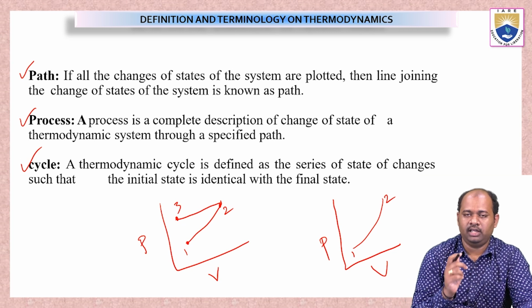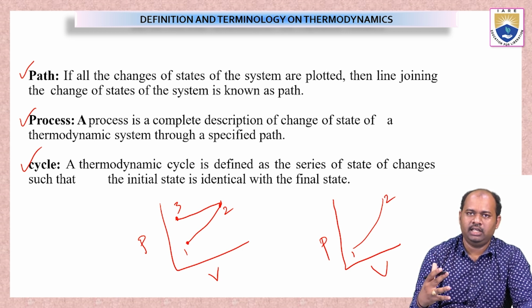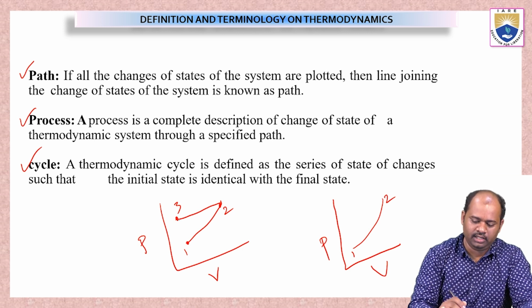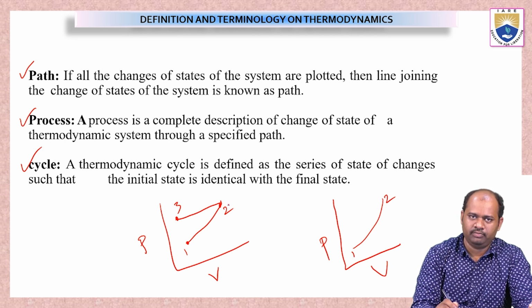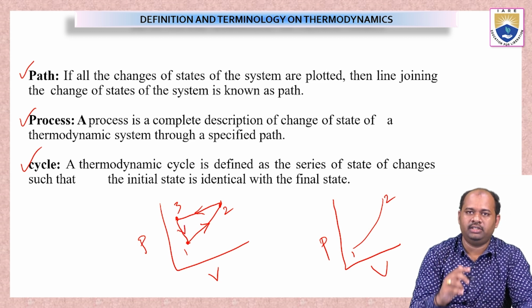And then the third one, cycle. What is a cycle? A cycle is a process where the initial state is equal to the final state. Suppose I have a cycle here. In the same diagram, I have started from point 1 and reached point 2, where it has changed some state, and from there I have changed from point 2 to point 3 and it has changed another state. Now I have returned from point 3 to point 1, where it has reached the initial state.